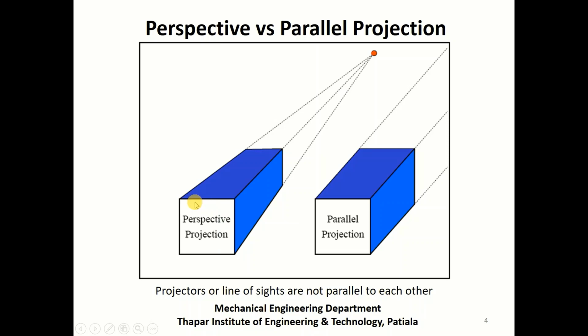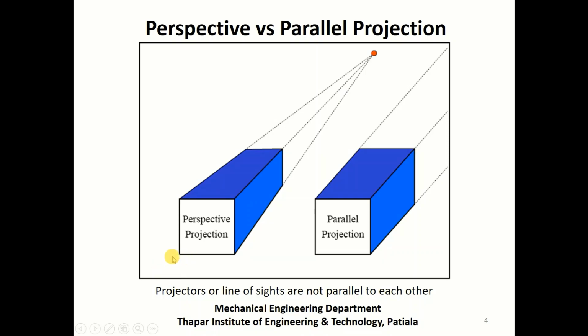In that case those non-parallel edges will give rise to another vanishing point, so that will be called a 2 point perspective system. And later you will see another case in which even the vertical edges are non-parallel to each other, so that will give you a 3 point perspective projection system.